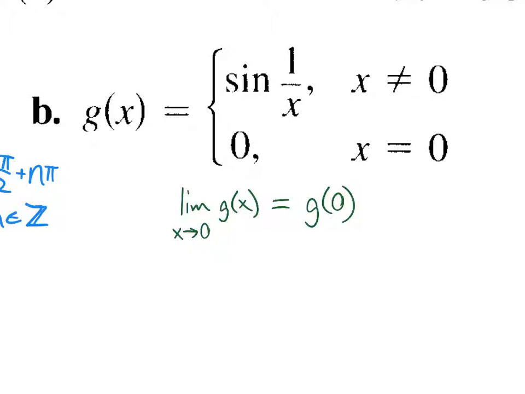The question is, is this the case? So when x is approaching 0 of sine of 1 over x, what did we say about that? What's the limit of that? It doesn't exist. Remember, that was an oscillating one, right? So therefore, we would say, nope.